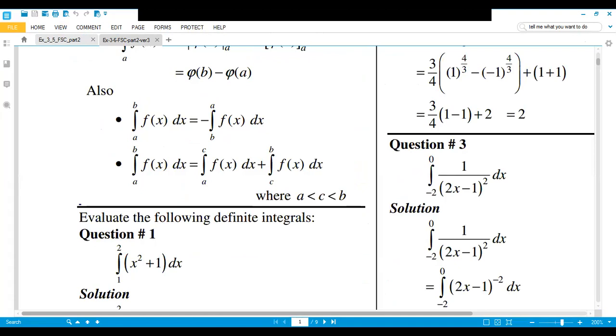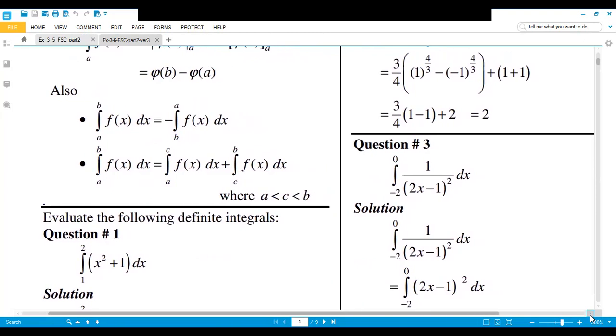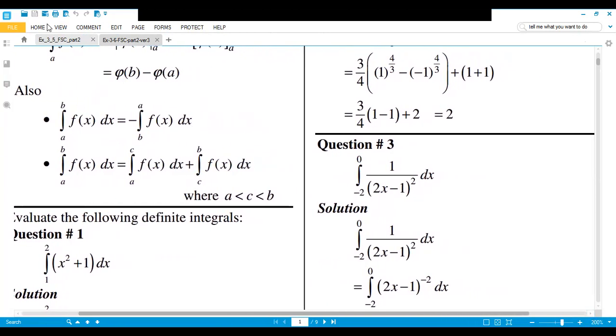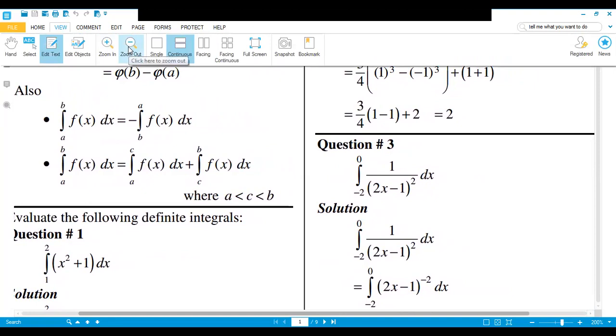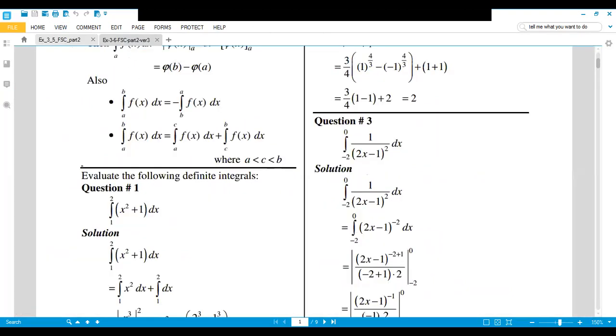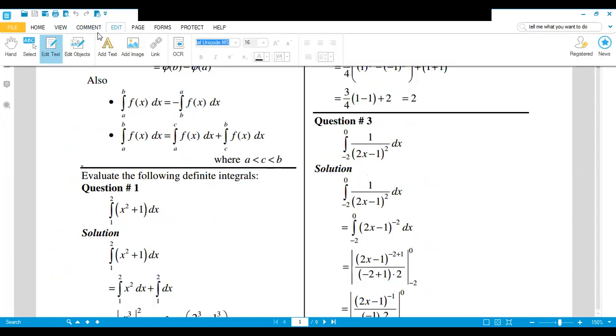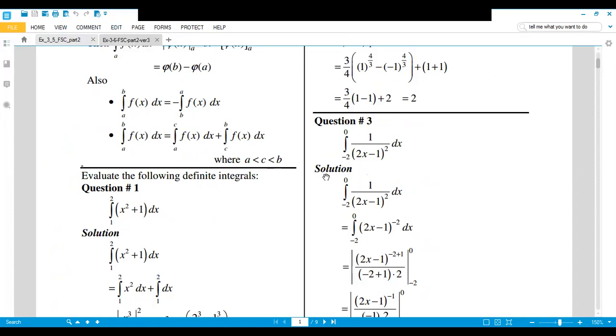Come to number 3. Number 3 is that the lower limit is minus 2 and the upper limit 0, 1 over 2x minus 1 whole square.